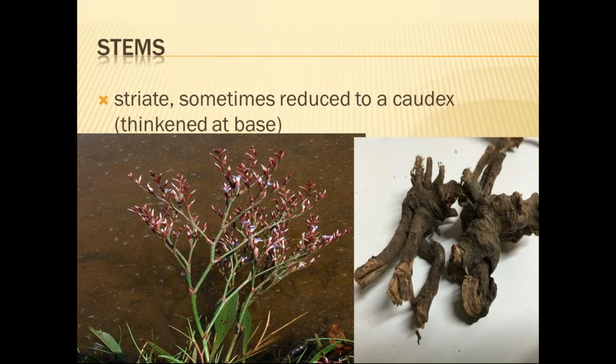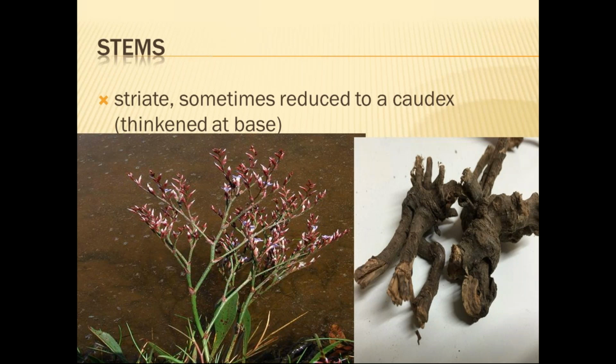The stem is straight, sometimes reduced to caudex, that is a thickened base. As you see in the right side photograph, I have taken a chitrak root photograph where the downward part is root. The stem is going to be reduced.